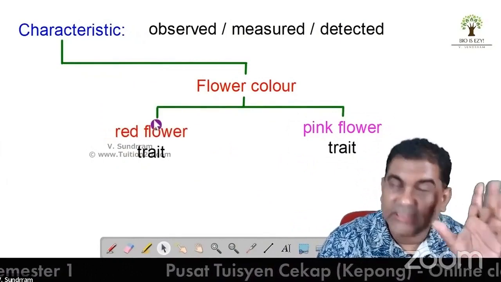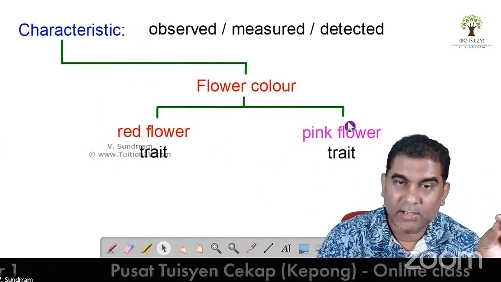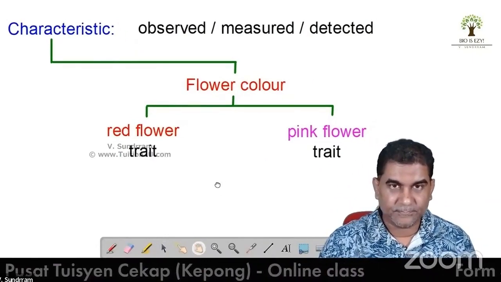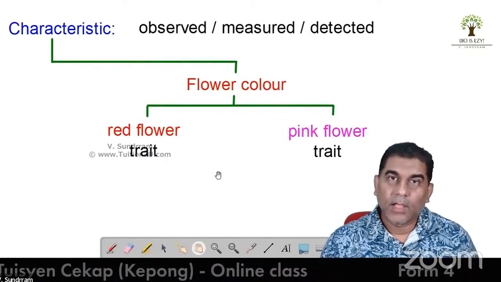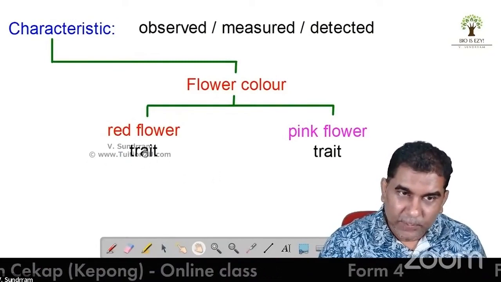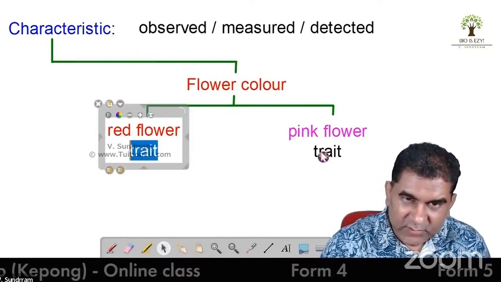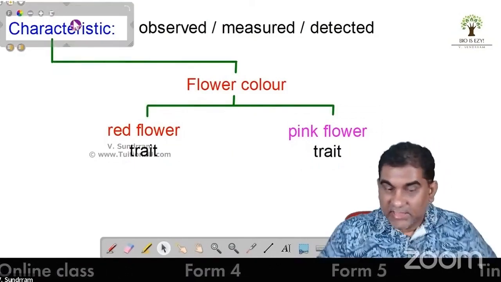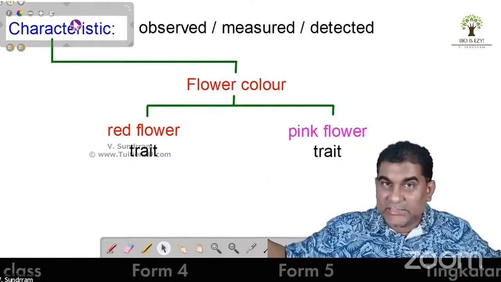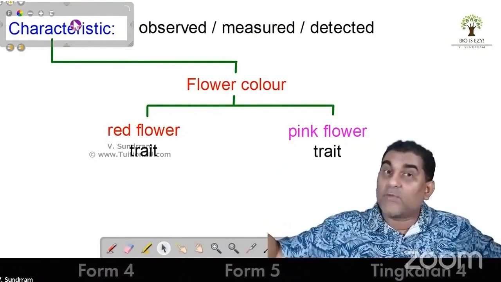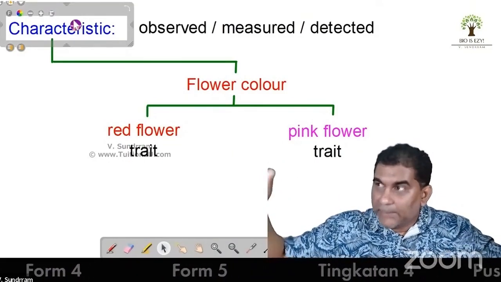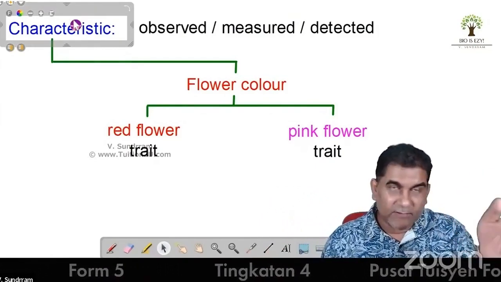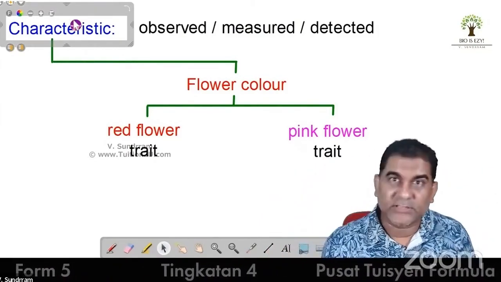Pink flower is a trait, red flower is a trait. Understand that both of these traits come under the characteristic. Characteristic is the larger group. Characteristic is flower color, but the flower color characteristic has two traits. Red flower trait, white flower trait.